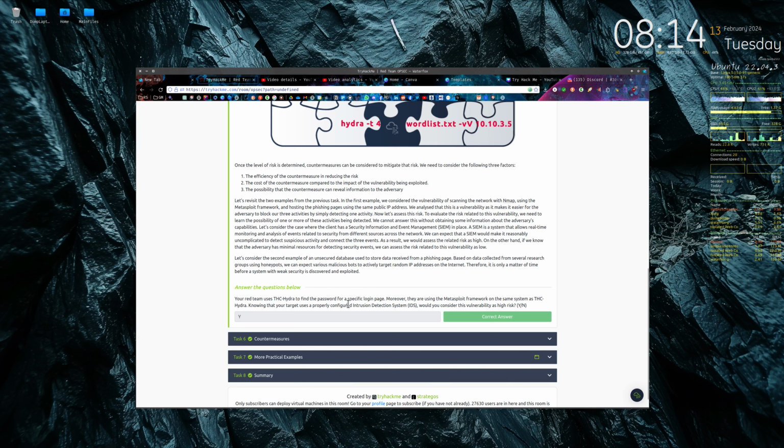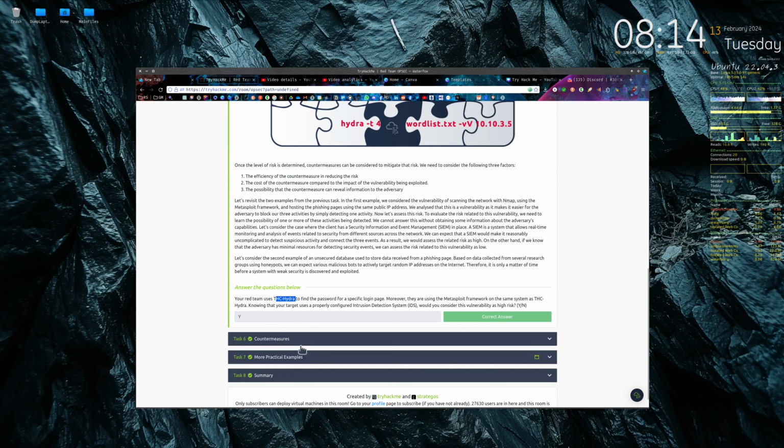For example, you might be running Metasploit here, and they could block that, but you're also running Hydra, and they can pick up on that because Hydra is kind of noisy.